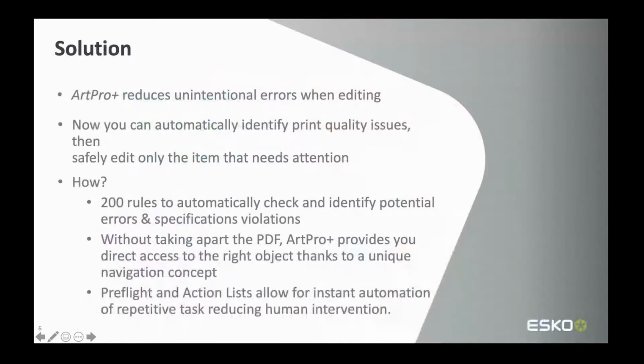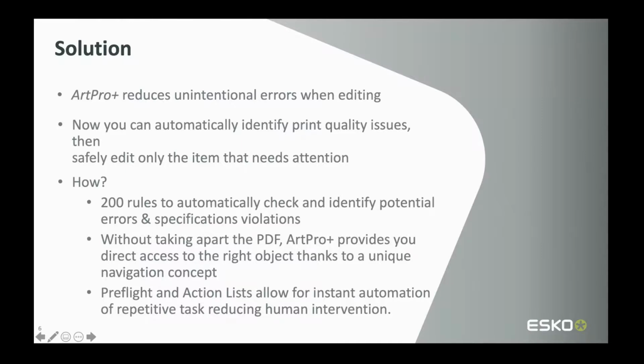Now, the solution for this: by default, Art Pro Plus comes with over 200 rules, and customers can add more rules depending upon their printing needs. This process will be performed without destroying or flattening the artwork.